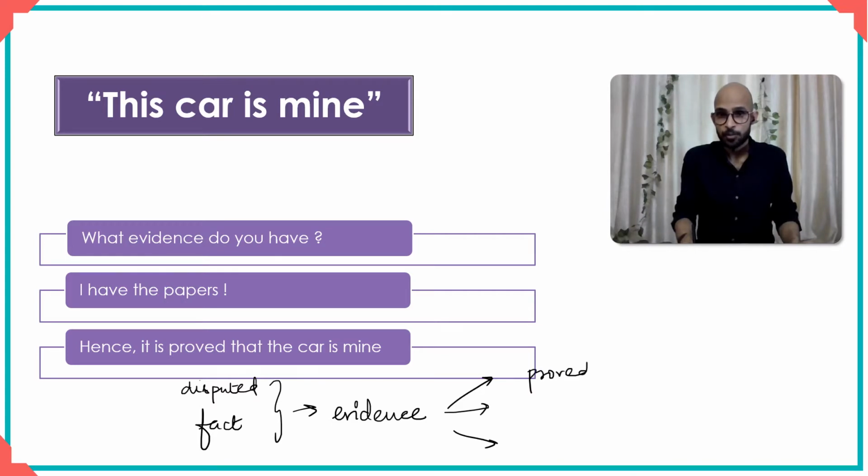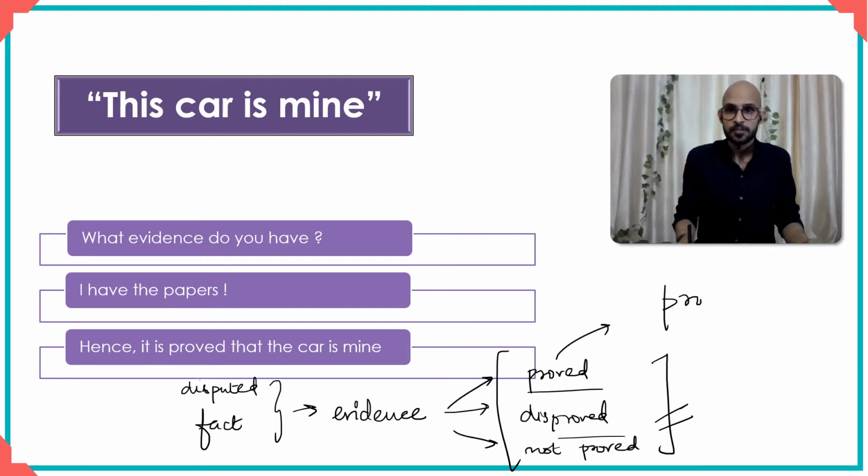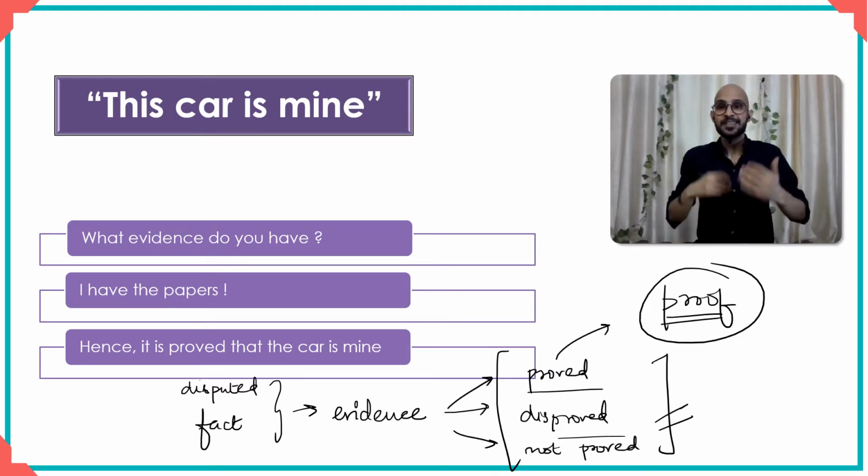Either the fact is proved, or the fact is disproved, or the fact is not proved, right? I've discussed this in an earlier video. So what we understand is that this is what proof is. Proof is the conclusion, proof is the effect of the production of evidence. So now we understand what proof and evidence mean. Now let's look at evidence in the context of the Act a little more closely.